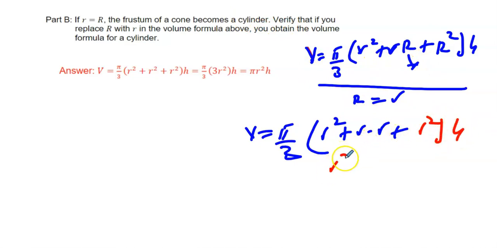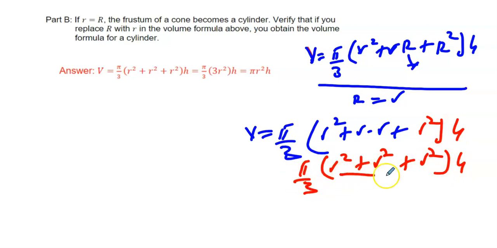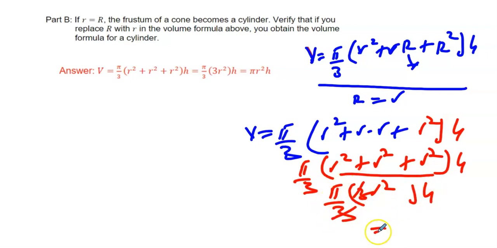And this gives us r squared plus r squared plus r squared, times h, times pi over 3. This is 3 r squared h times pi over 3. The 3 cancels, so we get pi r squared h, which is the volume of a cylinder as above.